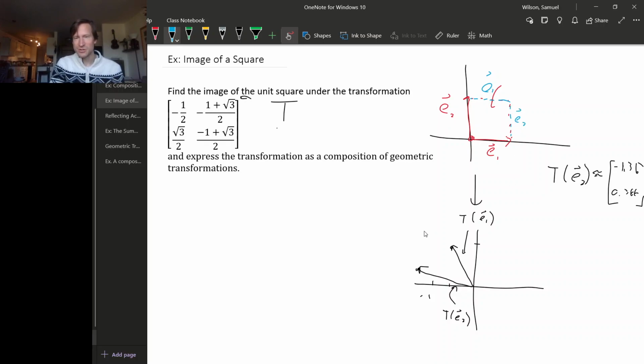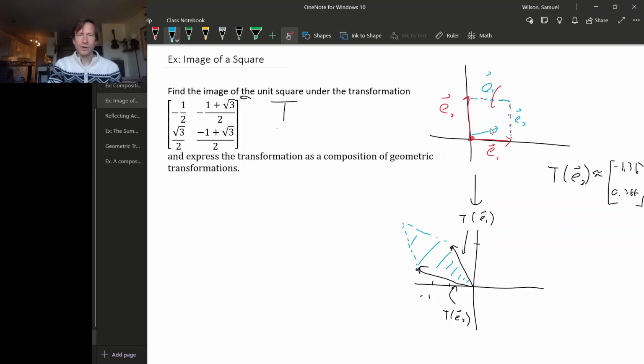So to get the resulting shape bounded by these two vectors, we can take t of E2 and slide it to the end of t of E1, and then take t of E1 and slide it to the end of t of E2, and we get this parallelogram. So this parallelogram is the image of this square. What I mean is, for any vector in this square, when you hit it with the transformation, it ends up inside of this parallelogram. So this parallelogram is the result of the transformation applied to everything in this square.